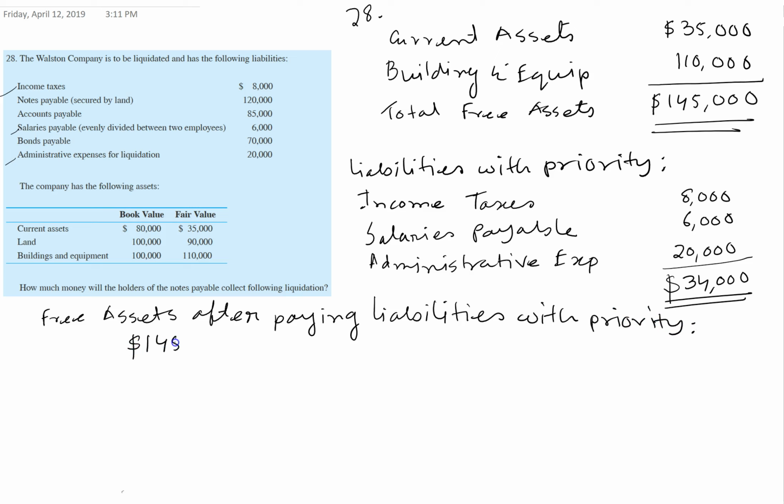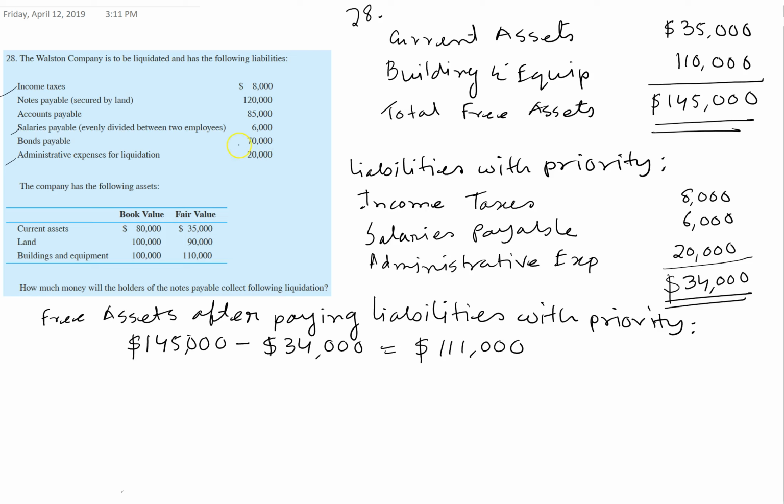That means $145,000 minus $34,000, which, if you take your calculator, is $111,000. Now we will check what are the other liabilities. Of course, we have notes payable, but remember, the total amount is 120,000, and up to 90,000 is backed up by the land, so 90,000 is the secured portion of notes payable. The rest, 120,000 minus 90,000, is the unsecured part.